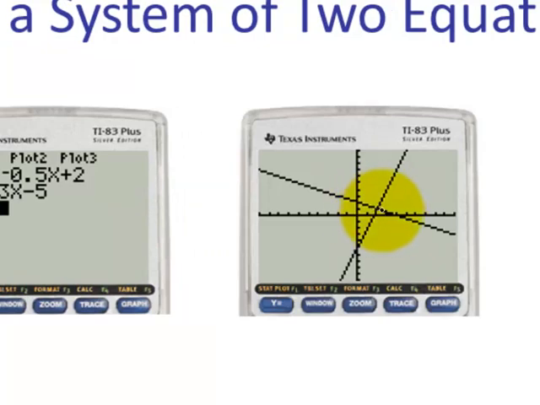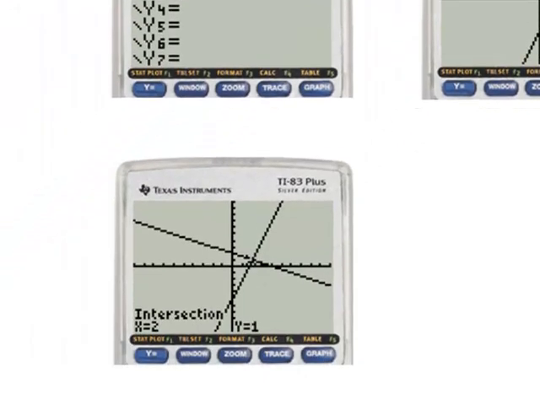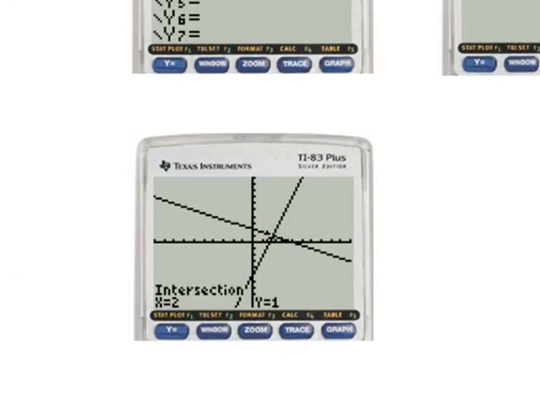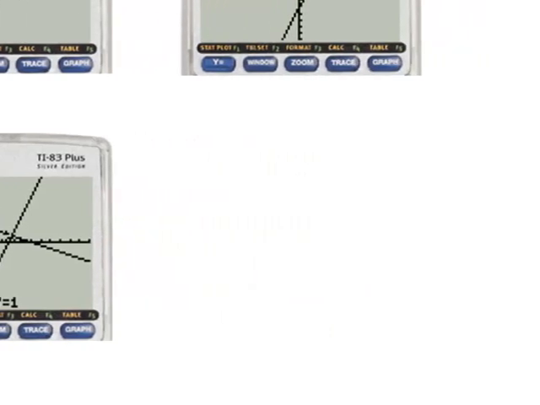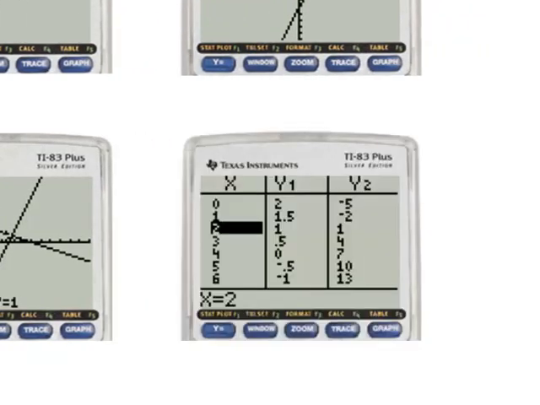We can see the point of intersection here, and if we hit second, trace, and number 5 for intersect, we can see that the graphing calculator tells us the point of intersection is at 2, 1. If we use our table, we can see when x is 2, y1 and y2 are the same value, 1.